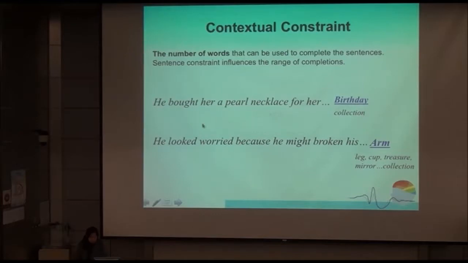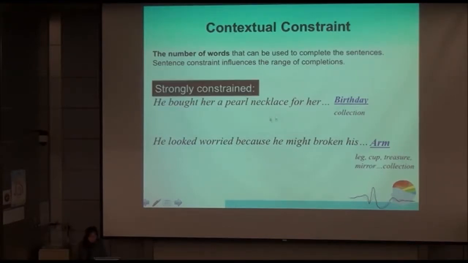For example, he brought her a pearl necklace for her birthday, or collections. In addition to these two answers, you might find it difficult to think of other alternatives. But for the second sentence, he looks worried because he might have broken his arm, leg, cup, treasure, and so on. So there are a lot of different answers that can be used to complete this sentence.